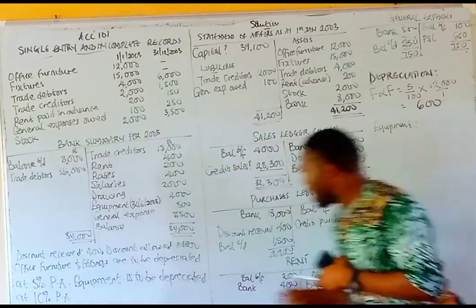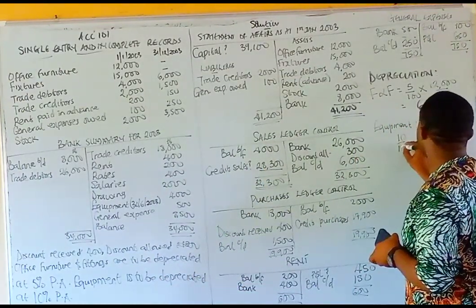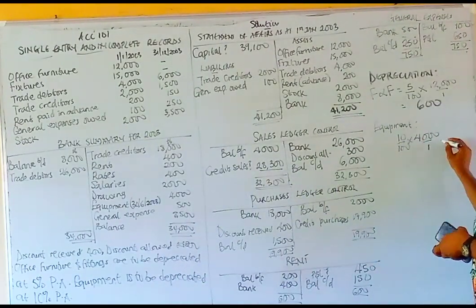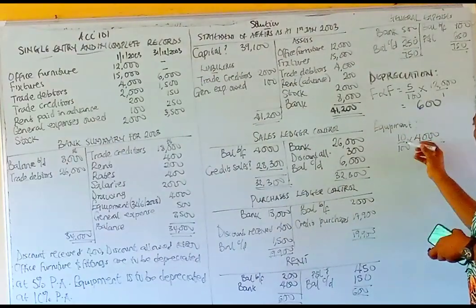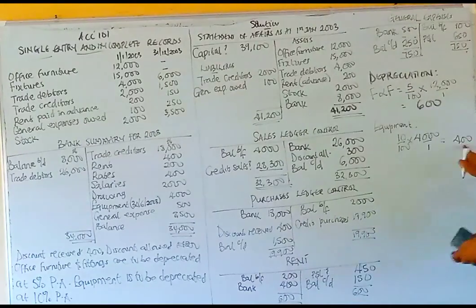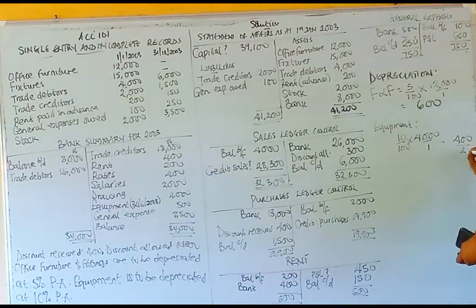So if we use 10% on that 4,000, we have 10 over 100 times 4,000. What do we have? 40,000 divided by 100 is 400. Now this is the value per annum, which is 1 year. But they have used this for just 6 months. So we divide by 2, so our depreciation becomes 200.